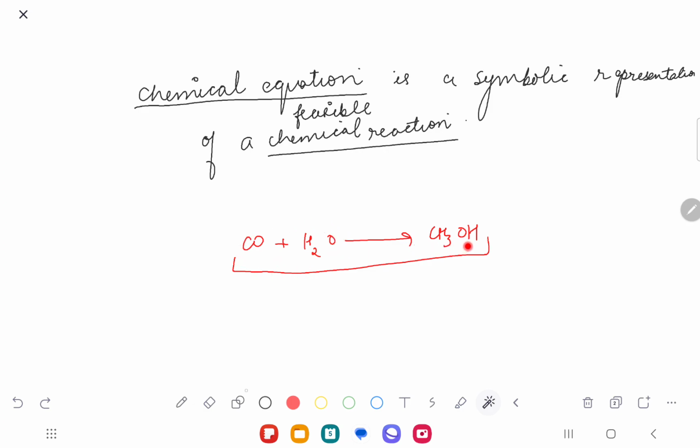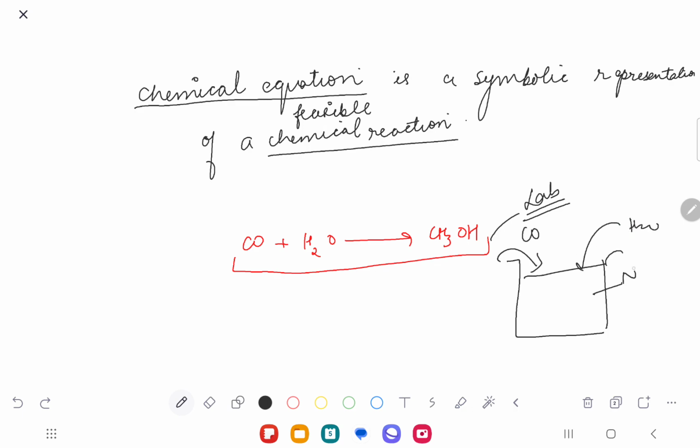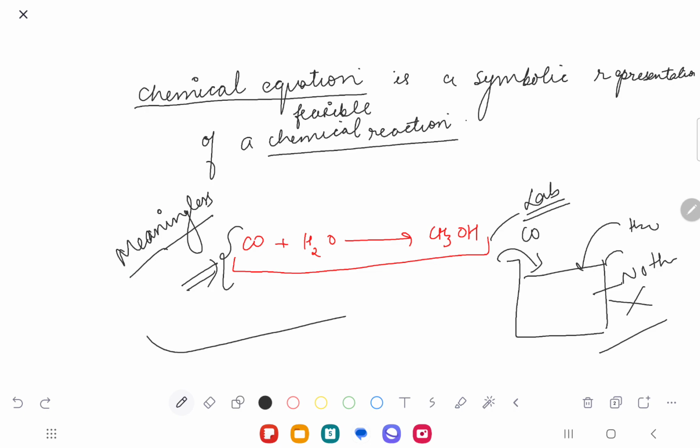Because when you really go to the lab and try to perform this reaction, you take a beaker, add carbon monoxide gas, add water, and heat it. Nothing is formed. No reaction takes place at all. So does this chemical equation have any meaning? No, this chemical equation is meaningless because it is not representing any reaction.